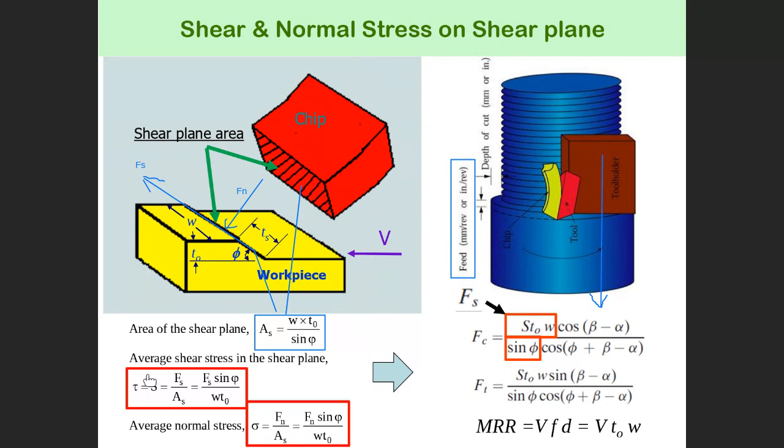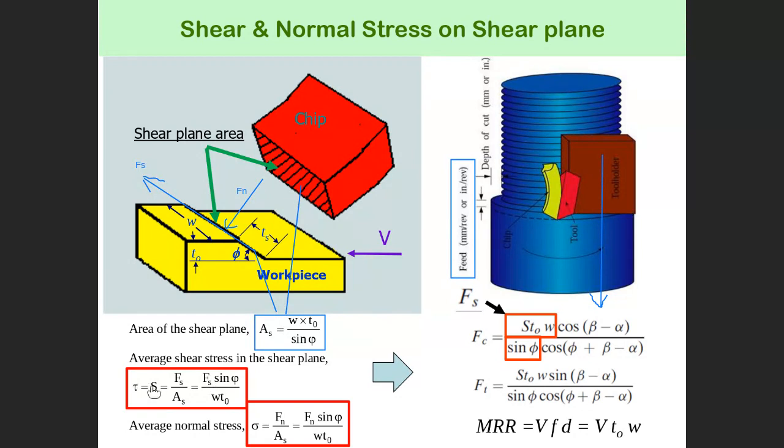Then the shear stress, tau or S, equals Fs divided by As, or Fs equals shear stress multiplied by As, the shear area. As equals w t0 divided by sine phi, so the shear stress equals Fs sine phi divided by w t0. Even though we cannot measure the shear force, we can calculate it from the shear stress of the material.